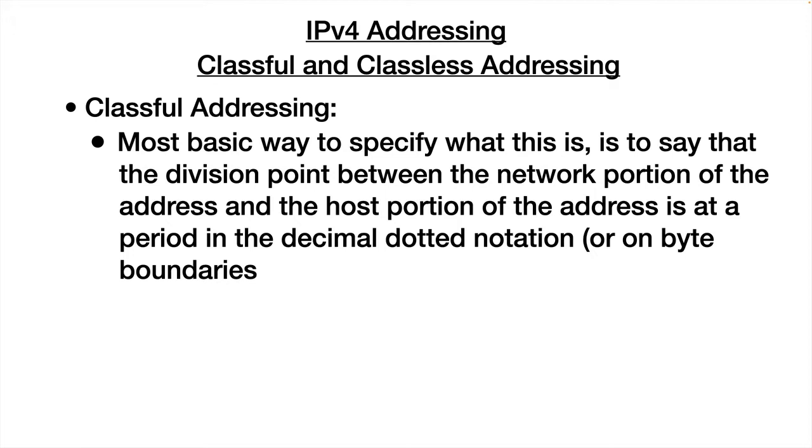The easiest way to explain it, if you're looking at decimal dotted notation, is that the division points for class A, B, and C are going to be on the decimal points, which is the network portion to the left, host portion to the right. Another way to say that is on byte boundaries within the 32-bit address.